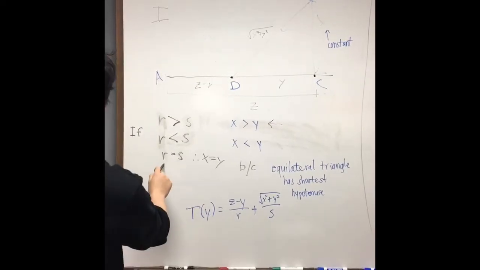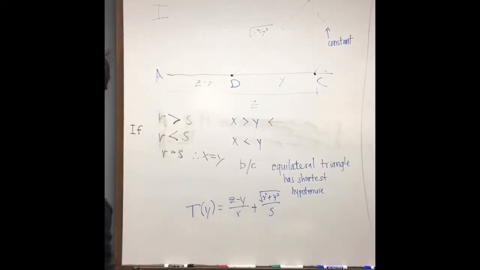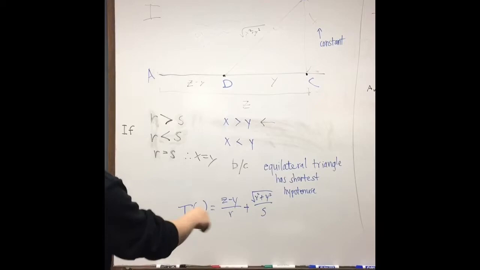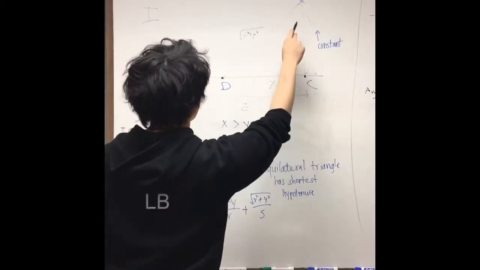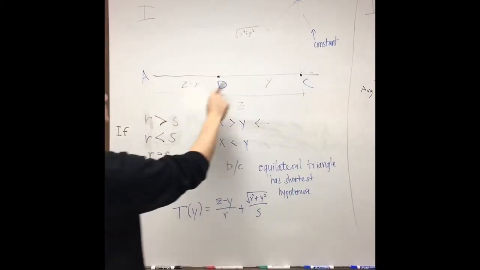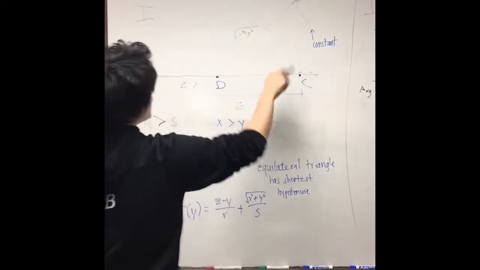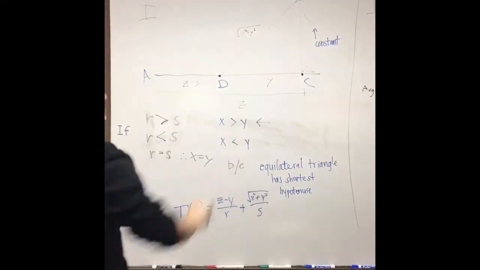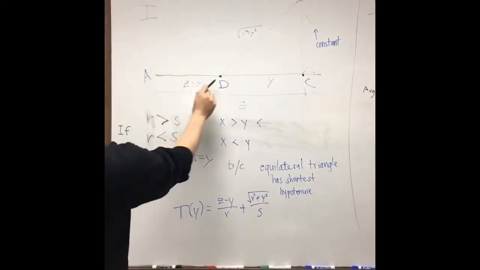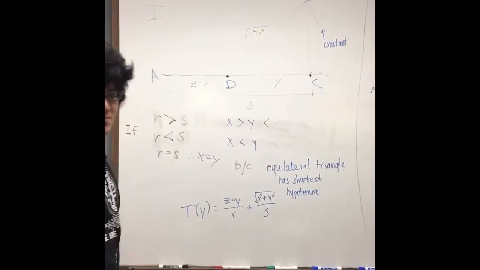And in the case that the rate of running and swimming is the same, then we assume that x and y would be the same. So x will equal y, because this makes a perfect equilateral triangle, and the hypotenuse would be minimized due to that. It will run to a certain distance before it swims. It will always have to swim.